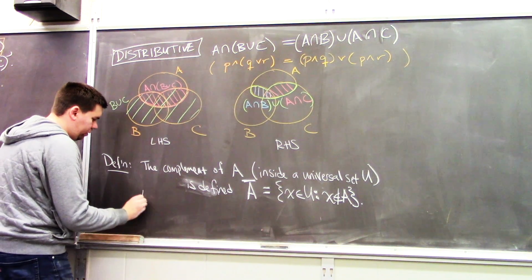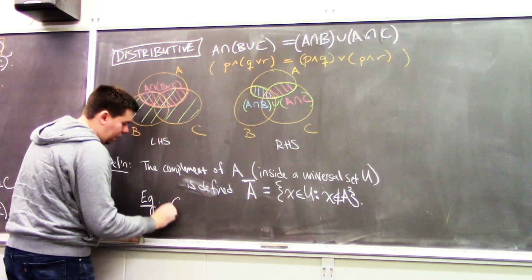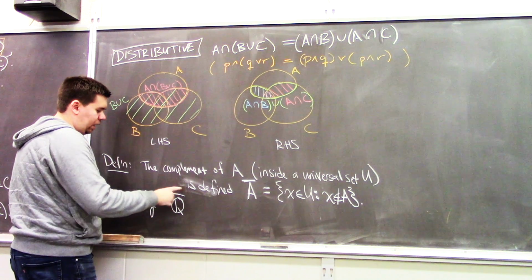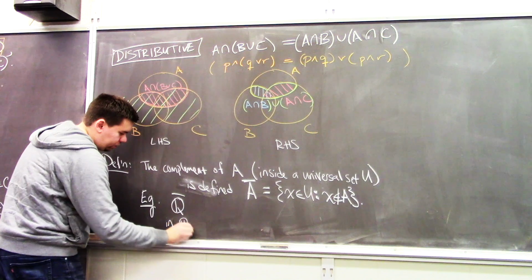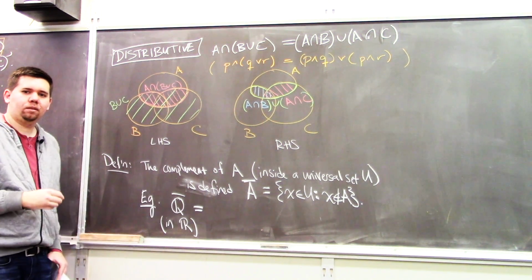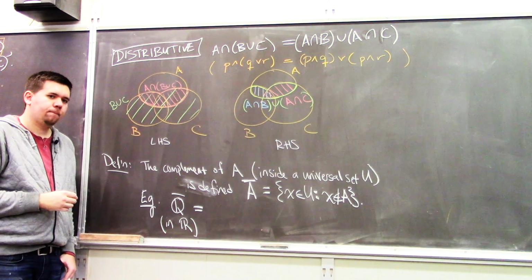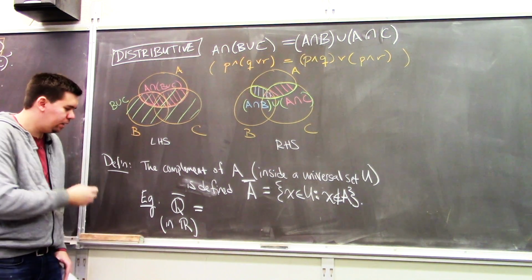So as an example, I could think of the complement of the rationals when I think of the rationals as being in the real numbers. And what would that leave me with? Yeah, the irrationals.